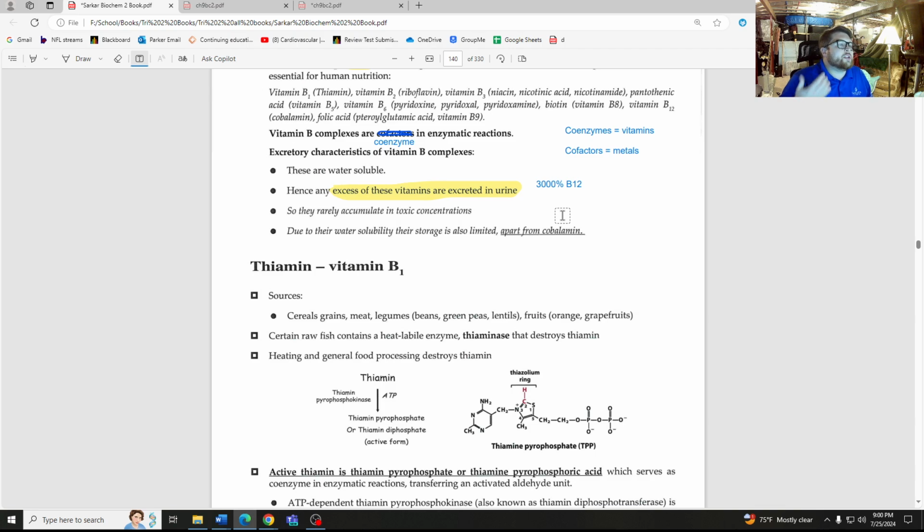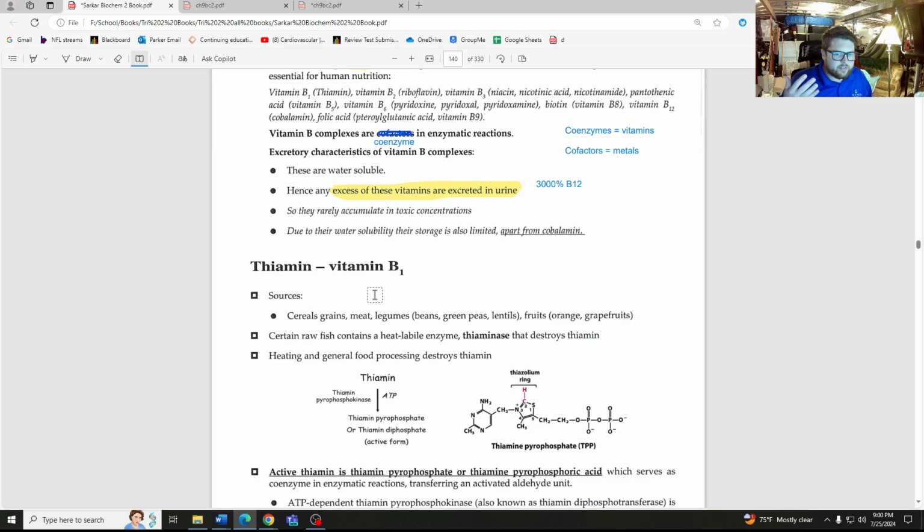Okay? It's very, very, very difficult to overdose or to have any kind of toxic reaction to B vitamins as long as our kidneys are functioning, because as soon as we put them in, they absorb into the bloodstream.